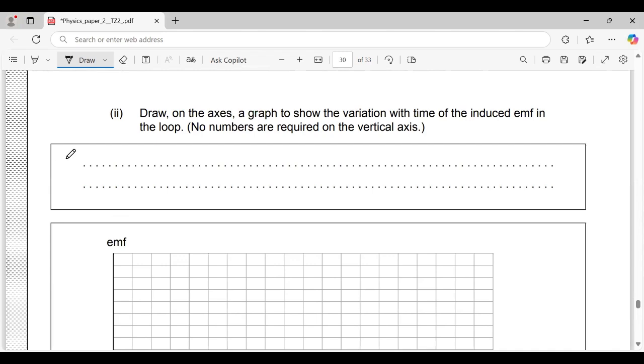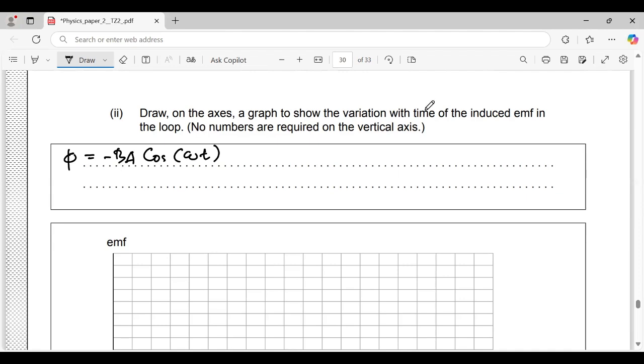Now I'm going to use the formula of phi for the initial condition: minus BA cosine omega times t.